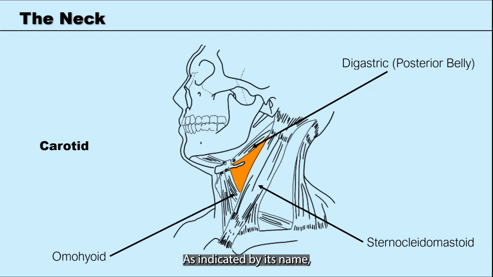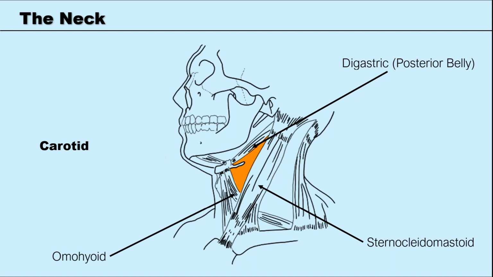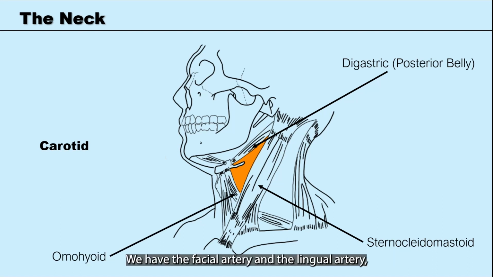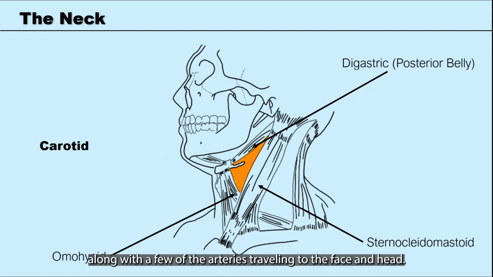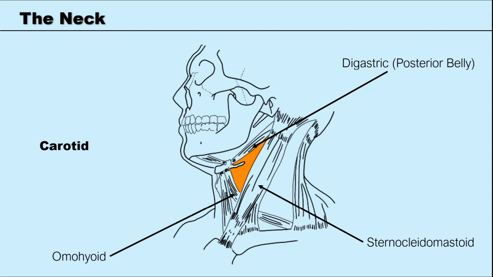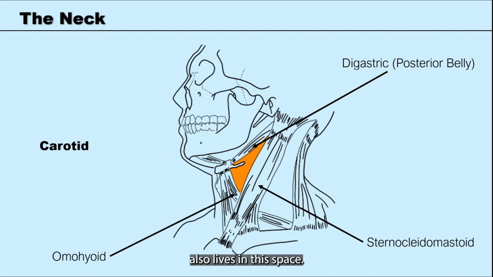As indicated by its name, the carotid artery lives here, along with a few other structures. We have the facial artery and the lingual artery, along with a few other arteries travelling to the face and head. A very important nerve, the hypoglossal nerve, which innervates the muscles of the tongue, also lives in this space.